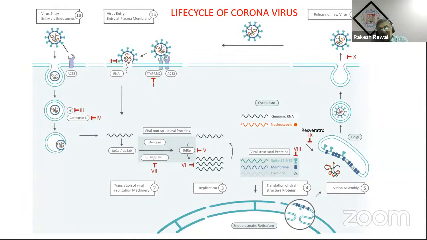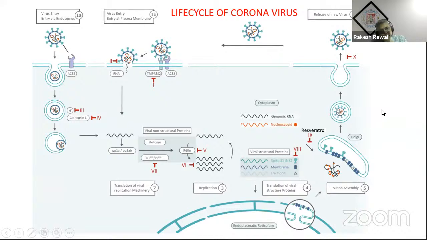Ultimately, it causes inflammation in the local cellular milieu where these processes are going on, and we are affected with various symptoms. These are different phases of the viral replication cycle, and ultimately the viruses are released.